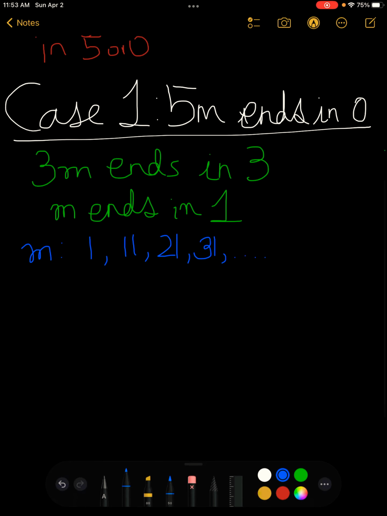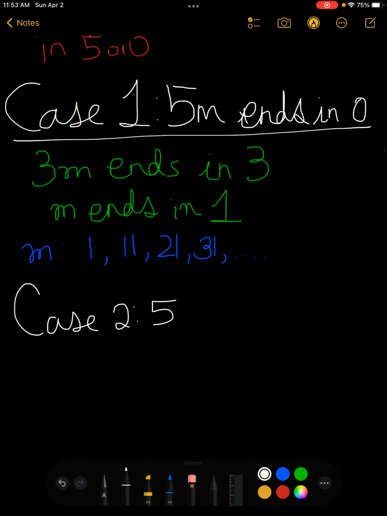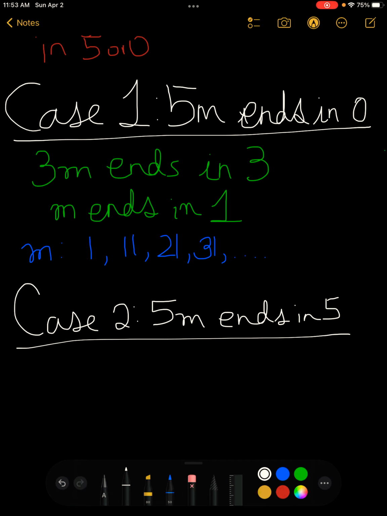Now, let's examine case 2. Case 2, 5m ends in 5. In that case, 3n would have to end in 8.